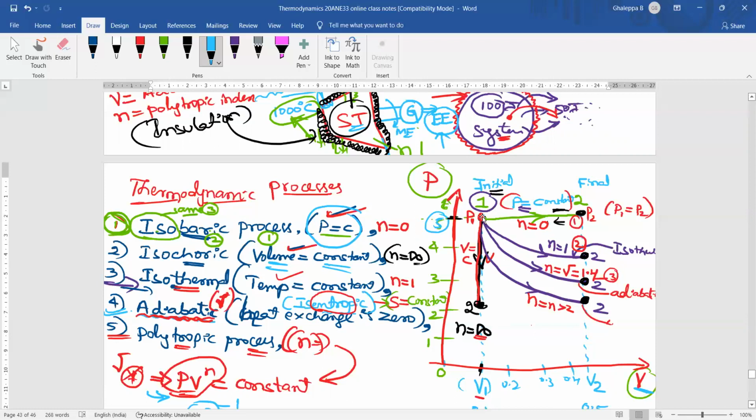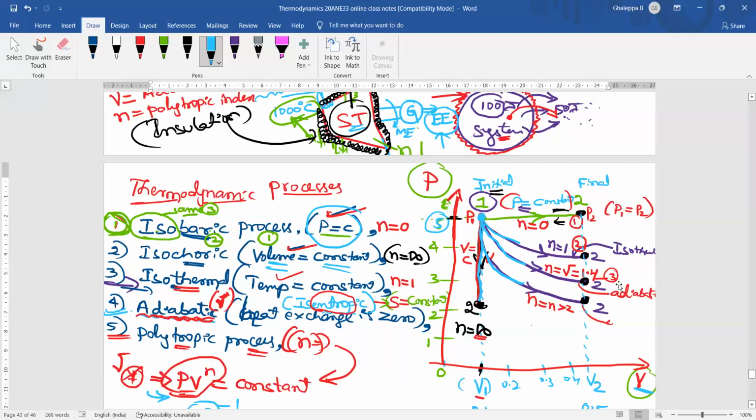Point number 1 is same. I am assuming, it is not a condition that always it should be same. I am assuming point number 1 is initial point for all the processes. Point number 1 is initial point for first process, and for second process. Point number 2 is same for third process, fourth process, and last, fifth process.